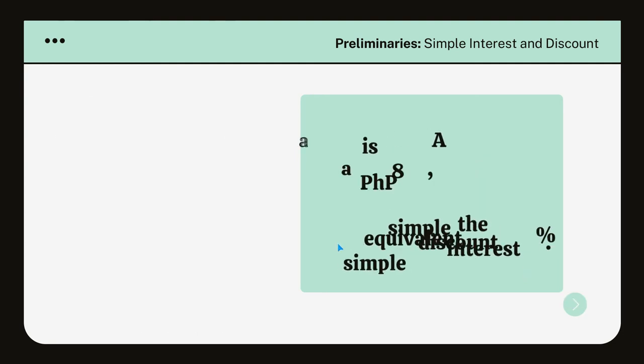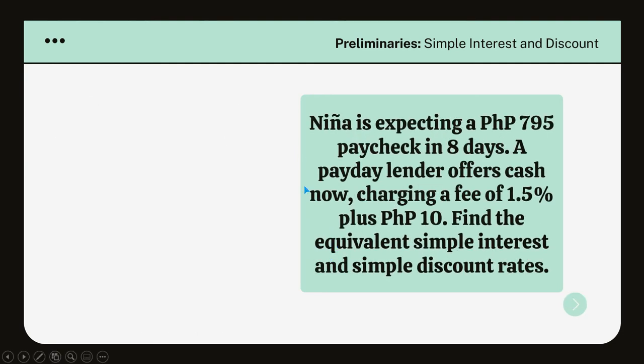Next. So Nina is expecting a 795 peso paycheck in 8 days. So a payday lender offers cash now, charging a fee of 1.15% plus 10 pesos. So we're going to find the equivalent simple interest and simple discount rates.